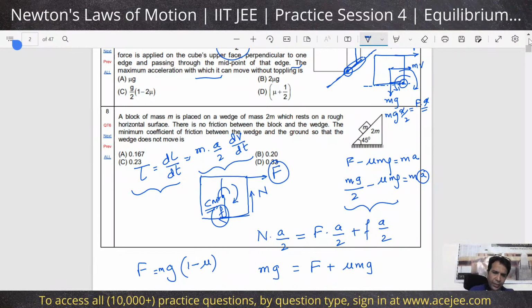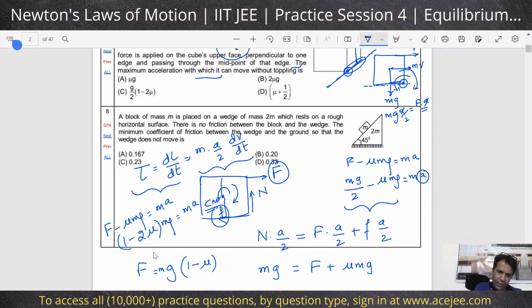Then the maximum acceleration would be how much? Maximum acceleration would be F minus the frictional force, which is mu mg, equals ma. So what do we get? We get 1 minus 2 mu, into mg, equals ma.